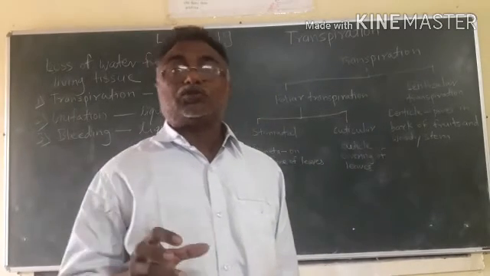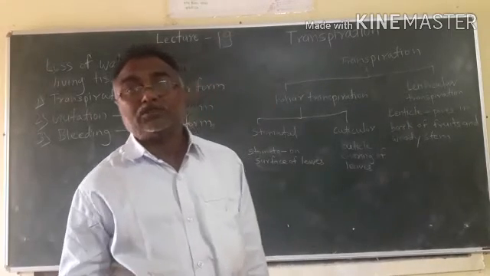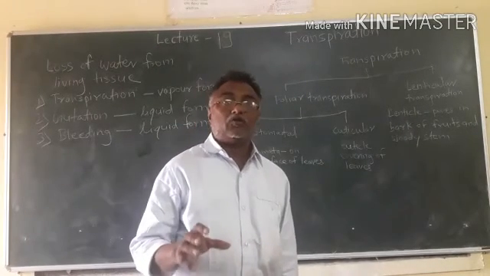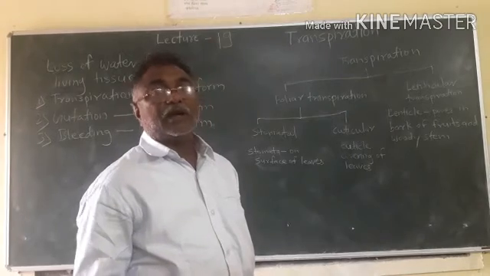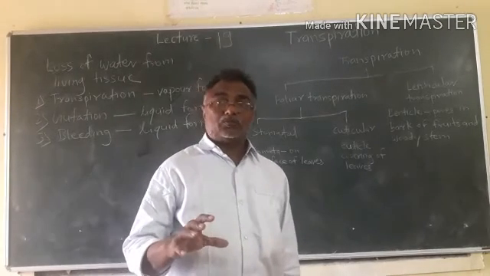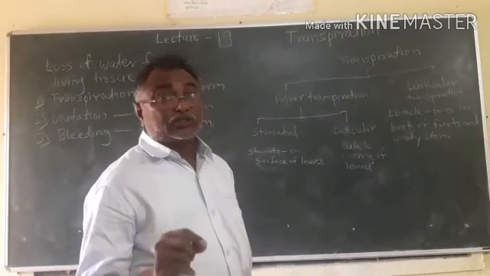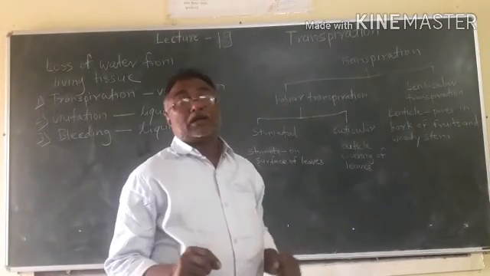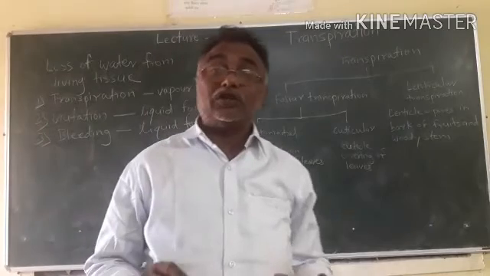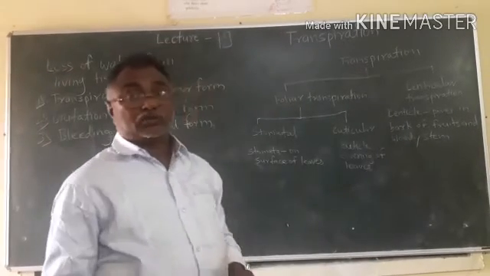So in this process, osmosis takes place to carry water from roots to the upper parts of the plant, and for this movement of water, the transpiration process is useful. Transpiration will support the osmosis process.